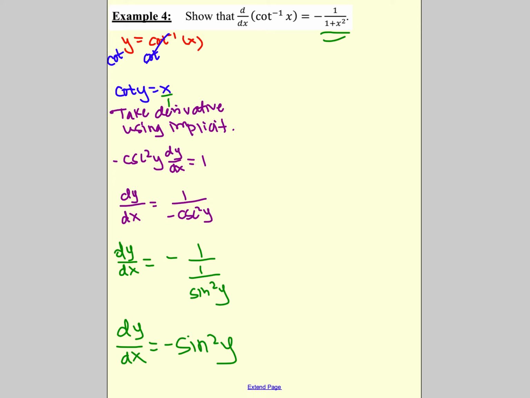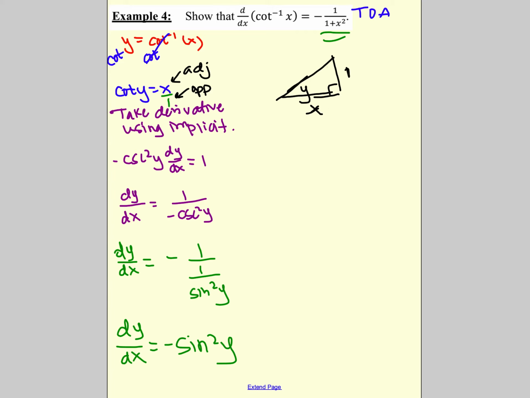Cotangent is the reciprocal of tangent. So if we think about tangent, that's our TOA, tangent's opposite over adjacent. So what this would tell me is you flip, this is our adjacent of our triangle, and then this is our opposite. So I'm going to set up that triangle. It's for angle y, and so my adjacent is x and my opposite is 1.